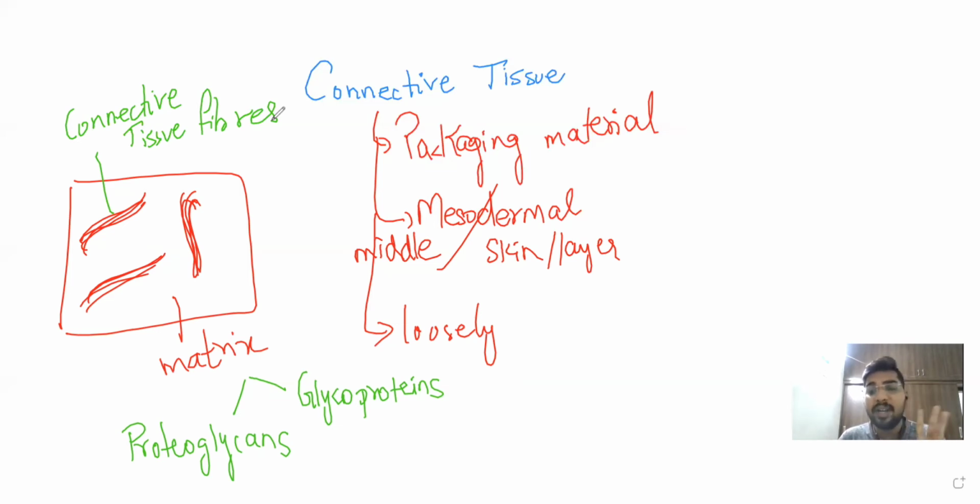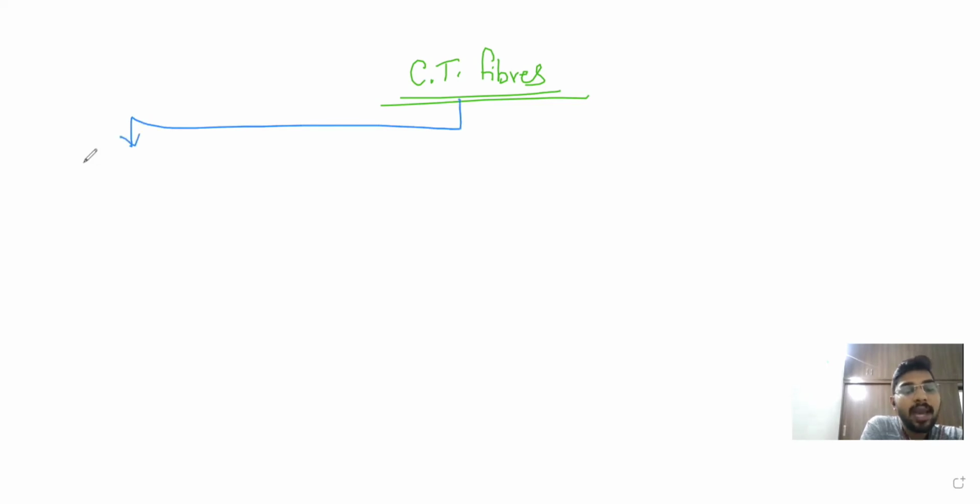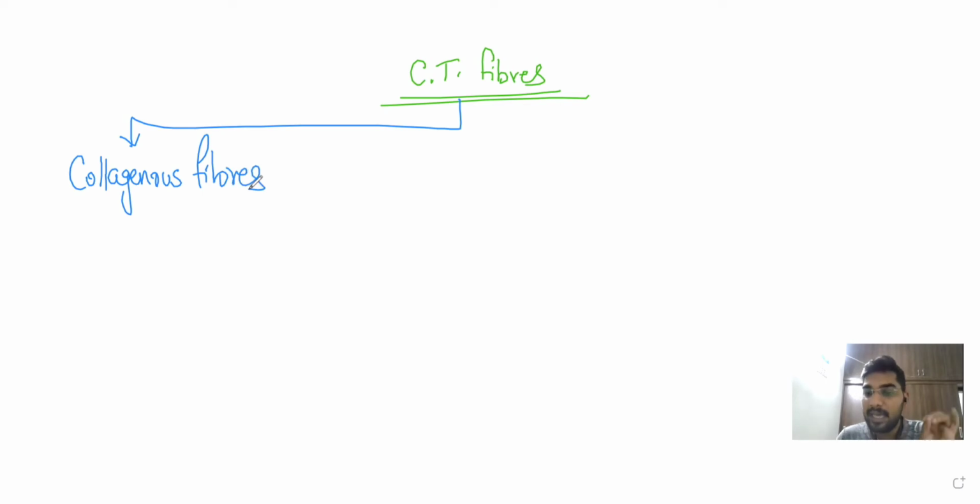Now, there are three different types of connective tissue fibers. So let us see what the types of connective tissue fibers are. The first type is called the collagenous fiber. On what basis are they classified? They are classified based on the component they are made of.